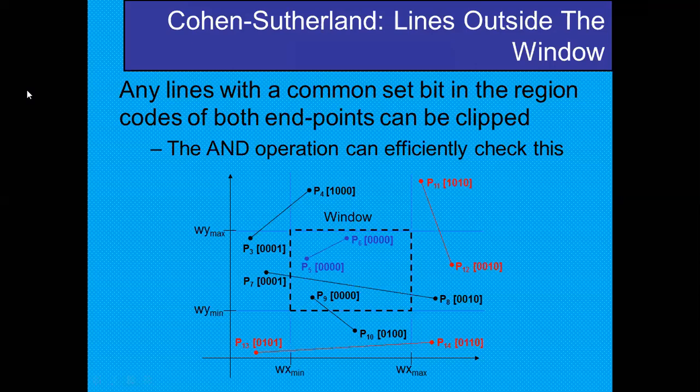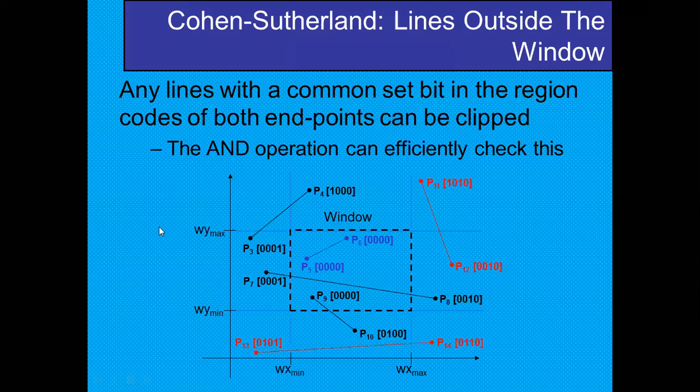If it is lying completely inside, then there is no need to solve them. But if one point is lying inside the window and one is outside, then we will solve those points. And if they are lying completely outside, but the AND code of any line segment contains 1, then again we will solve them.